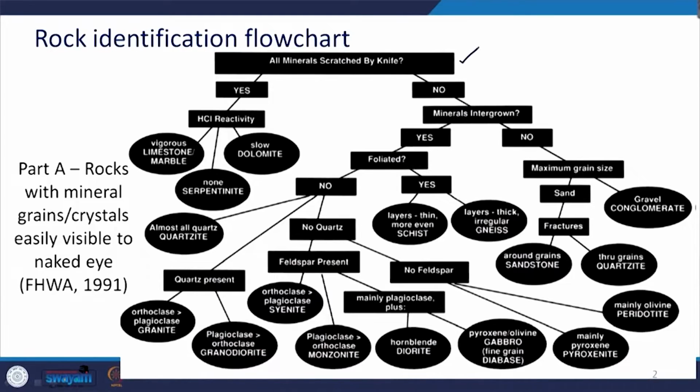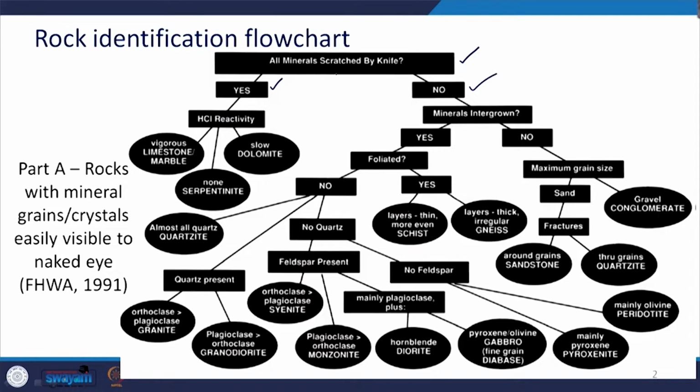The first part deals with when they are visible. To start with, we need to see whether all the minerals are being scratched by a knife or not. If yes, come to this branch. If no, then we have to go there.